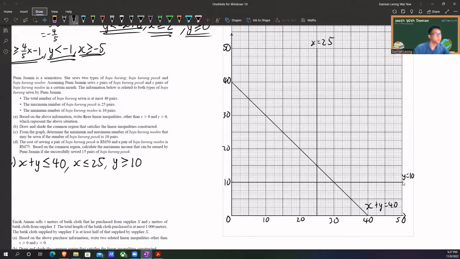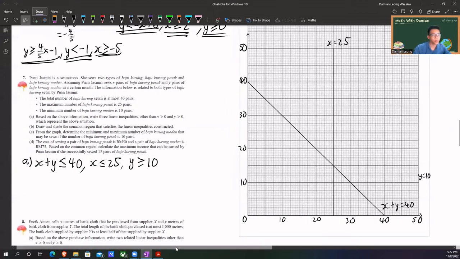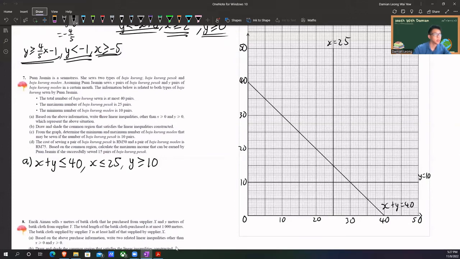So follow the inequalities. X plus y less or equals 40: below this slanting line. X less or equals 25: to the left of x equals 25. Y more or equals 10 cannot be here, so it must be this region right here.